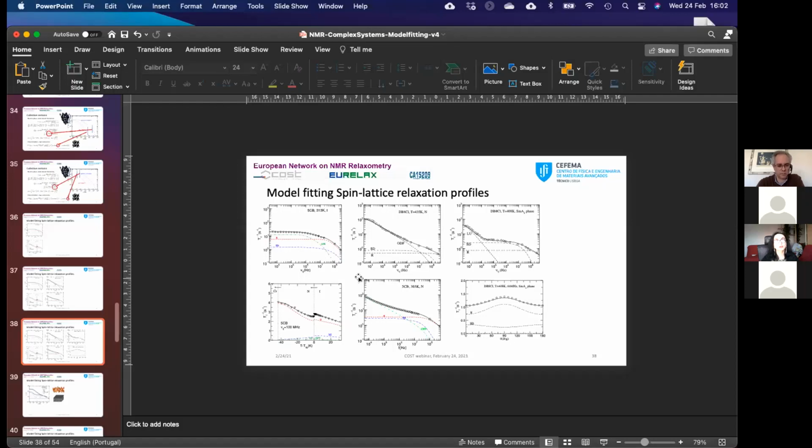This is the opposite extreme: something which fits, just a kind of parametrization, not even a model. On the other side, quite complex models and everything between.